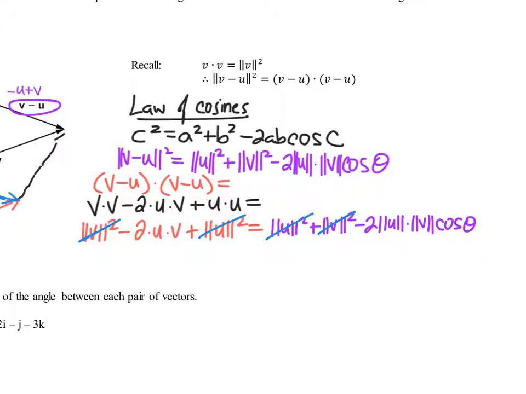So the left-hand side contains only negative 2 u dot v, and the right-hand side, negative 2 magnitude u times magnitude v times cosine theta. Sorry for the crappy handwriting, extra crappy in this instance. There's a common factor of negative 2 that can cancel.